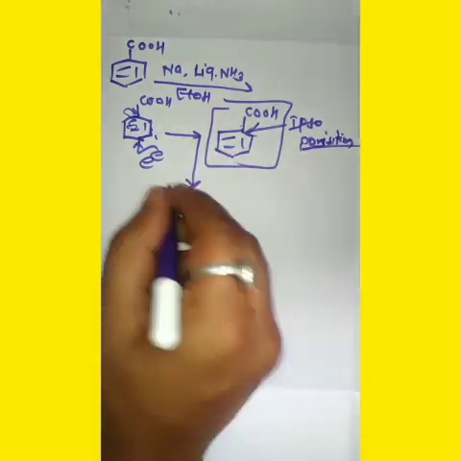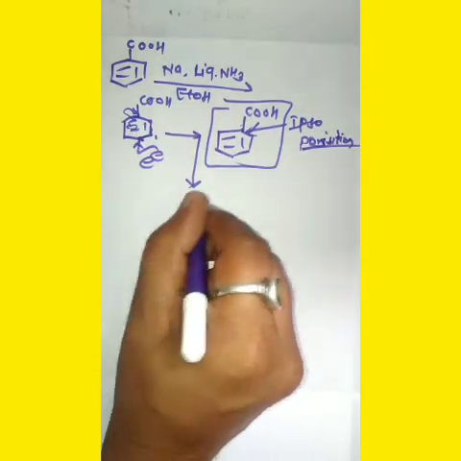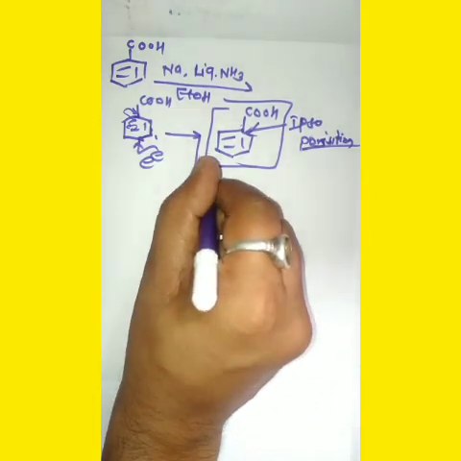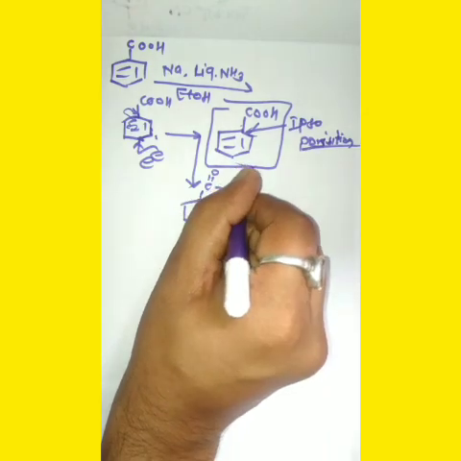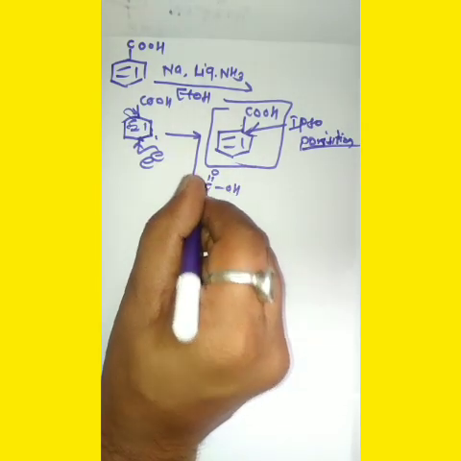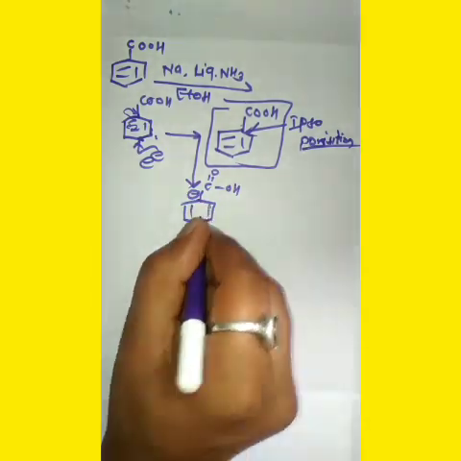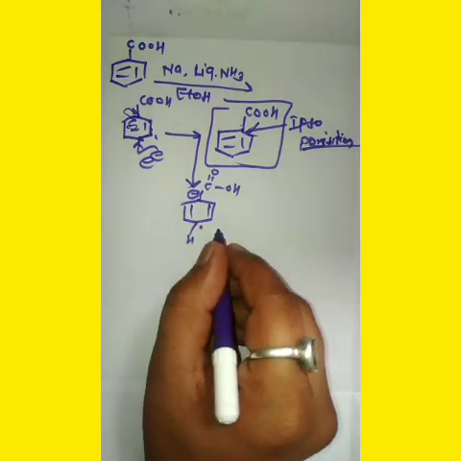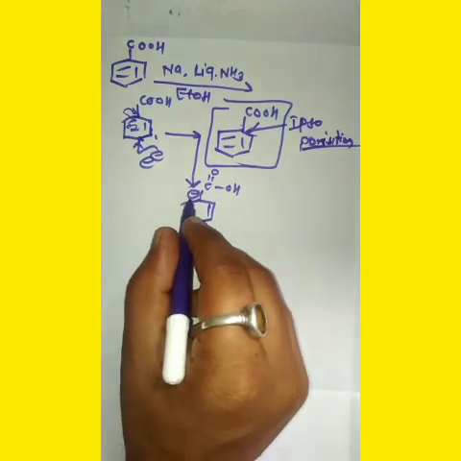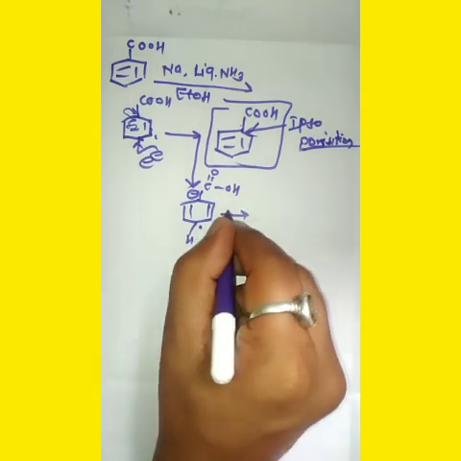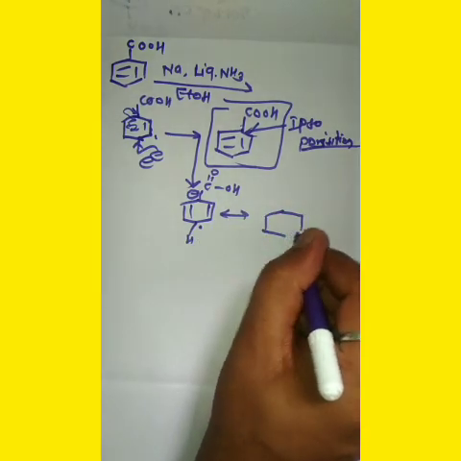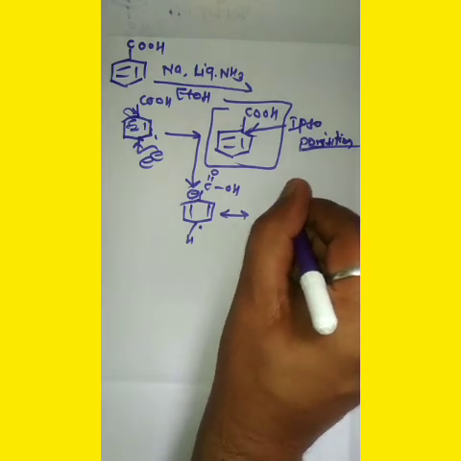Okay. Now in our mechanism we get C double bond O, OH, a negative charge here, and a double bond. Here the proton is already present. Now again this negative charge is also in conjugation with the carbonyl.